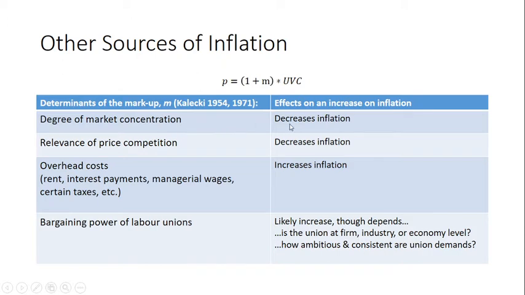If you have more firms in the markets competing with one another, then we come closer to a competitive market, a more neoclassical world of price determination, where prices are equal to the marginal cost, and such that, with a lower degree of market concentration, inflation should go down as firms compete more.